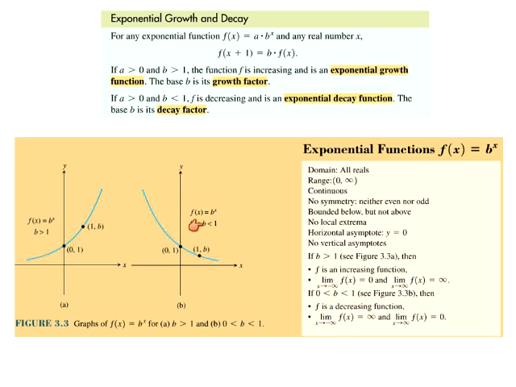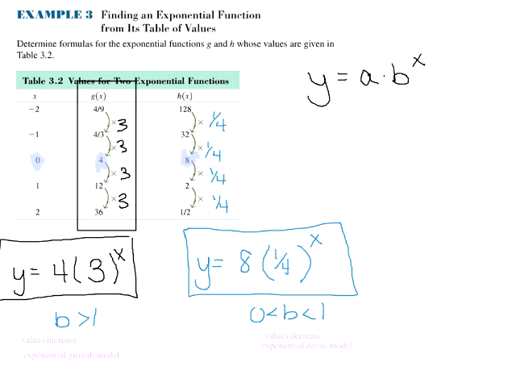If your value of b is between 0 and 1, it's your decay. And I also said that you can figure out how fast or slow something is growing or decreasing by comparing that to the value of 1. So sometimes we will take the base and subtract 1 or add 1 to it to see what we're growing or decreasing by.